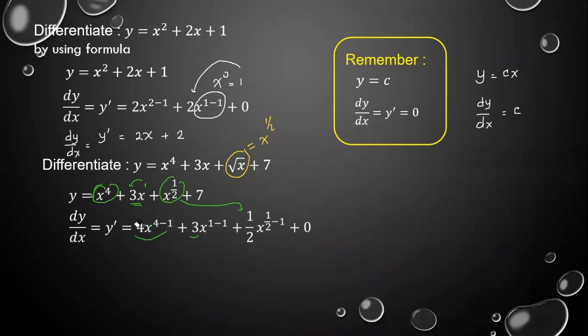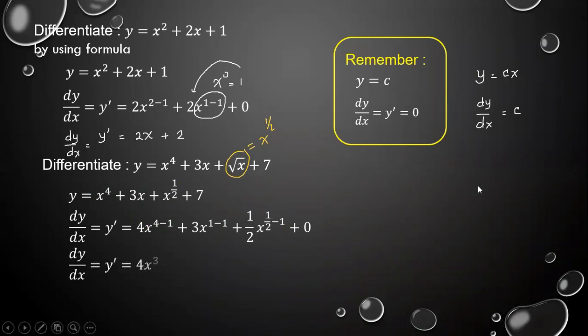Next. So we can simplify: dy over dx equals y accent equals 4x cubed plus 3 plus a half x to the power minus a half.